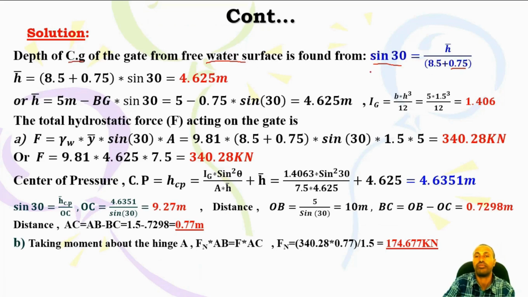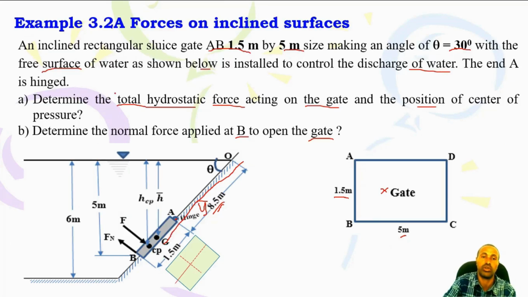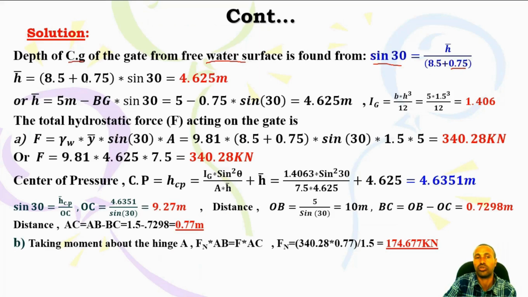So at this point you have half of this value. You have sine 30 equal to opposite over hypotenuse. The opposite is h bar, which is this one, up to the center of the gate from the free water surface. This is a right angle, sine theta is opposite over hypotenuse. Then you can compute h bar. So h bar is this value.